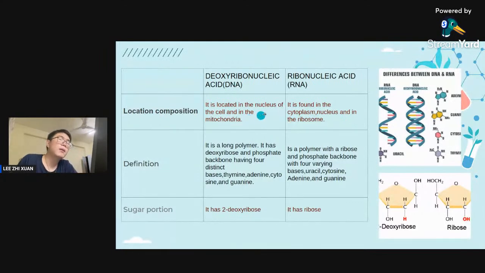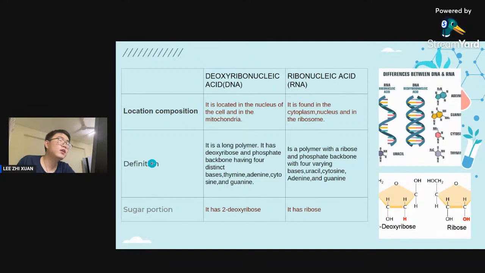But RNA can be found in the cytoplasm, in the nucleus, and also in the ribosome. So there are three locations: cytoplasm, nucleus, and ribosomes. But DNA is found only in the nucleus, mitochondria, or chloroplast.